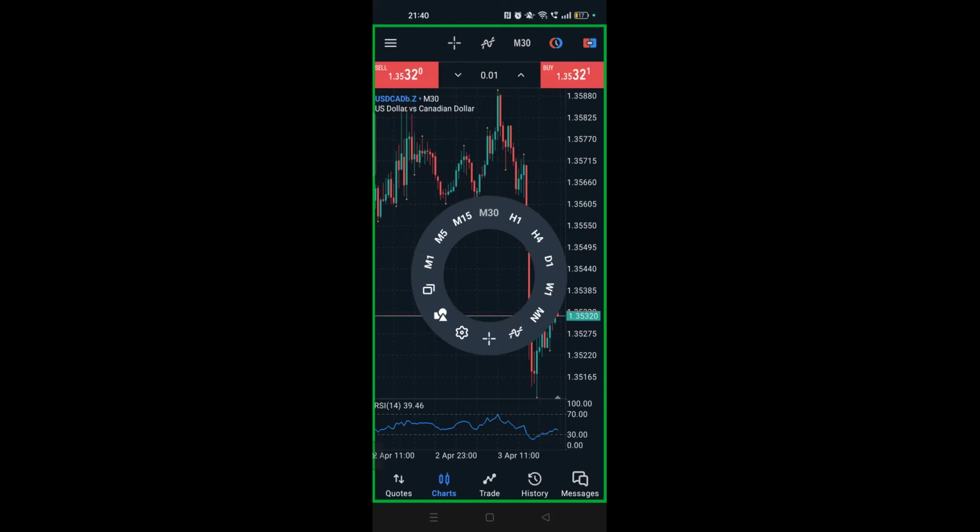Now, one of the main differences you see between MetaTrader 4 and MetaTrader 5 on the phone version is the visuals and graphics. The graphics look a little bit brighter on MT5 than MT4. And then we have some layers of patterns. For example, you enter a trade and you want to move your stop loss and see exactly how much your stop loss value or take profit value is.